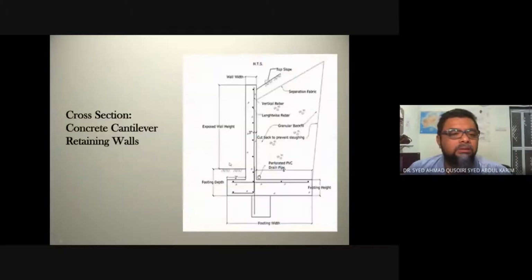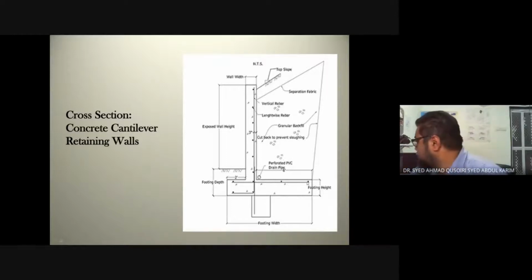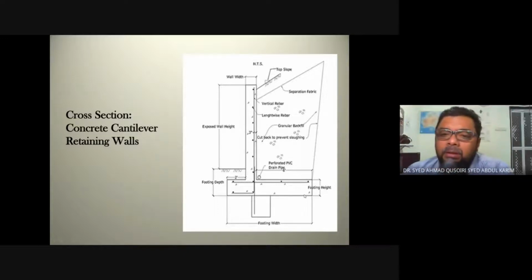So another example, if you need to draw, you can draw it like this, a very simple two-dimensional drawing. We have the wall, and then we have the concrete base. Here we have the elongated heel. On top of the elongated heel, we have a lot of material or soil.